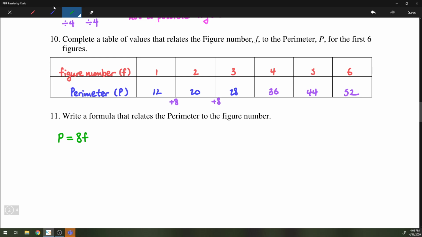Same thing as before, if we step backwards to figure 0, instead of adding 8, we'll subtract 8 from 12. So 12 minus 8 will give us 4. And it makes sense because figure 0 would just be a single square, and a single square has a perimeter of 4 units. So this will be 8F plus 4.